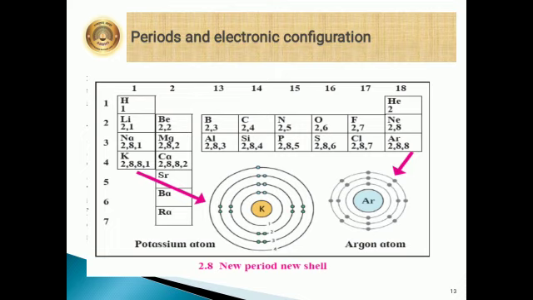The elements in the second period, namely lithium, beryllium, boron, carbon, nitrogen, oxygen, fluorine and neon, have the electrons in the 2 shells K and L. The elements in the third period, namely sodium, magnesium, aluminium, silicon, phosphorus, sulfur, chlorine and argon, have 3 shells K, L and M. Okay. So the number of elements in the first 3 periods is determined by the electron capacity of the shell.